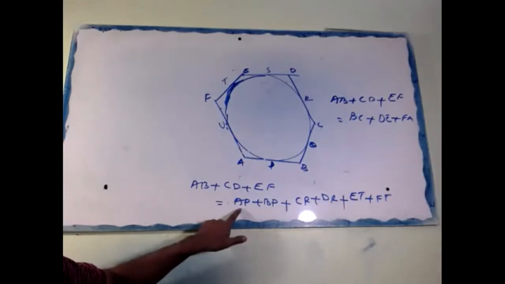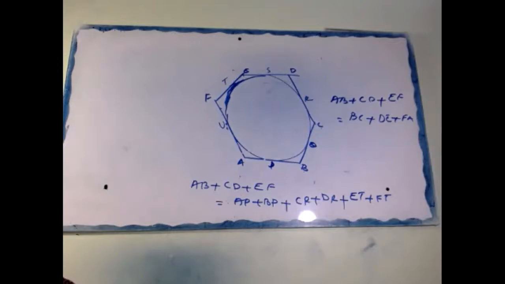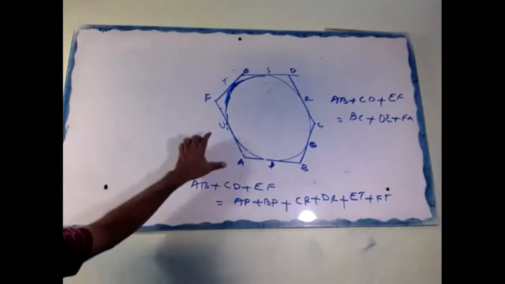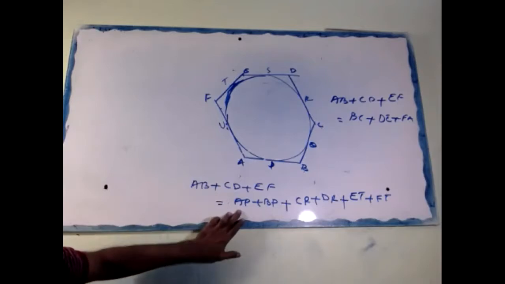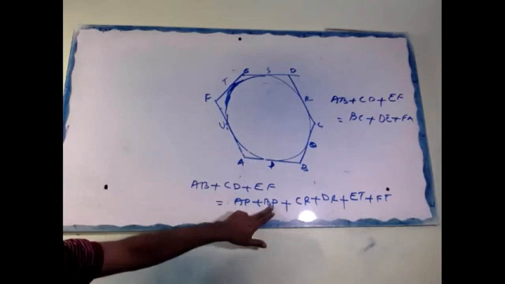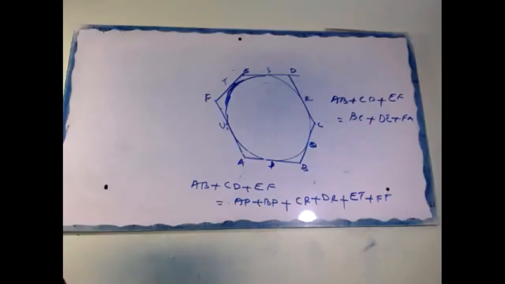From this one, we want BC. So we want BC whole to get BQ plus CQ. AP we can write AU, BP we can write BQ, CR we can write CQ, DR we can write DS, ET we can write ES, FT we can write FU.